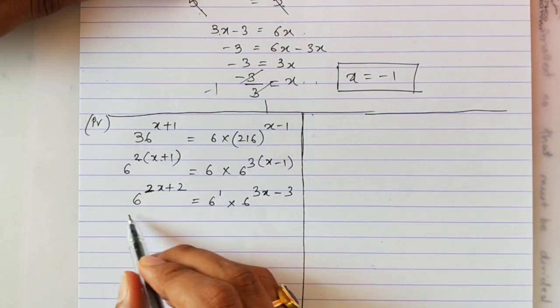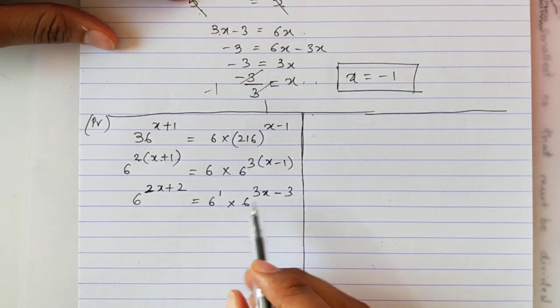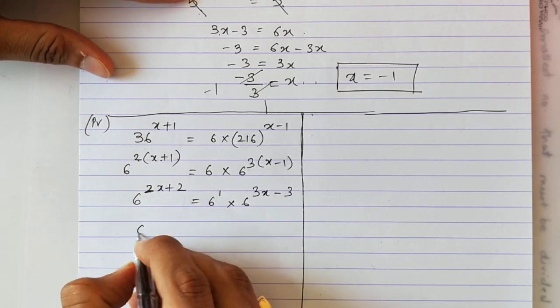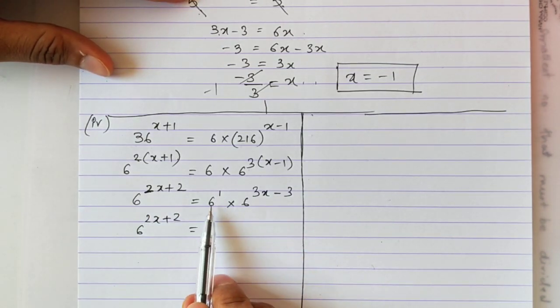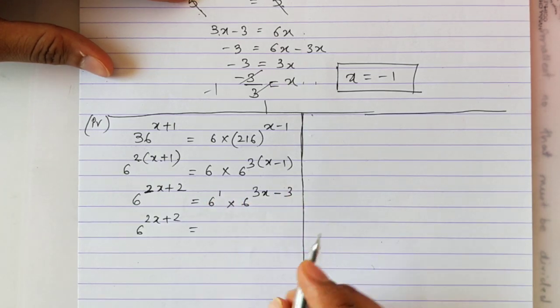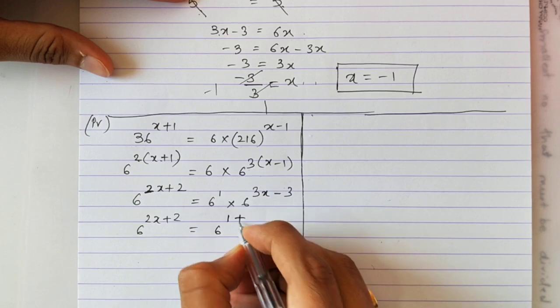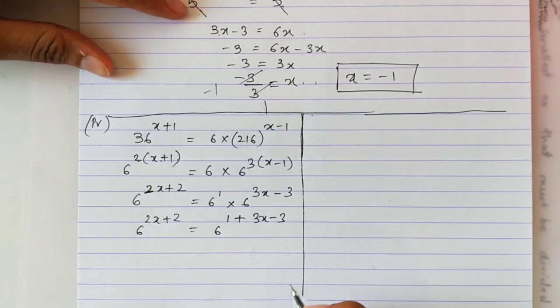Now again there is one 6 here and there are two 6s here. So here the base is the same, so first I'll simplify this. Here the 6 base is the same and there is a multiplication sign, so the powers will get added. So this will become 1 plus 3x minus 3.